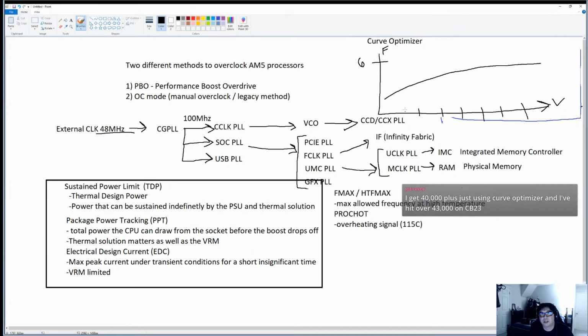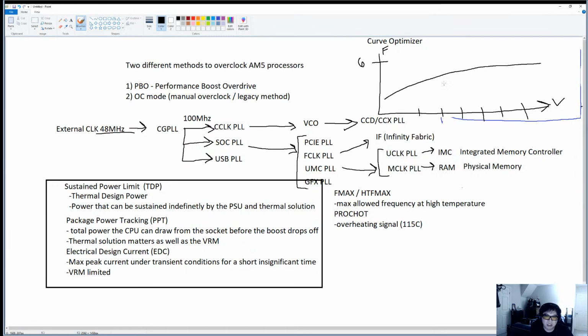For every small increment of voltage, you might get 100 megahertz of frequency. Then it starts becoming 25 megahertz, and then you're basically grasping at straws, usually in 25 or 15 megahertz chunks at that point.